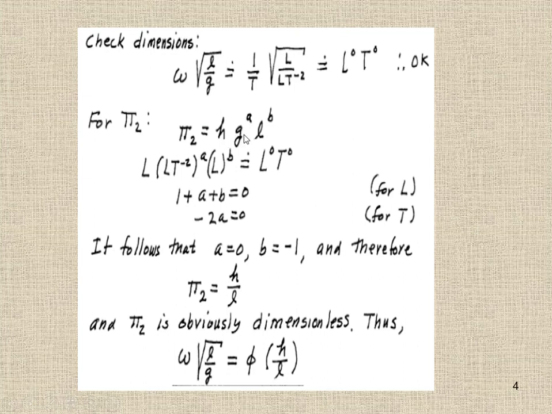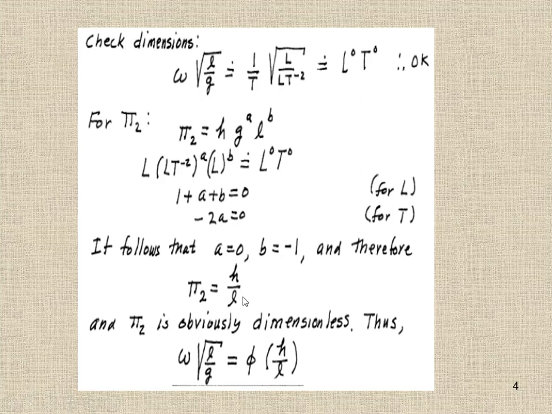Again we replace all the variables with their dimensions: height L, g as L T minus 2, and L as dimension L, and again we equate the exponent powers. Finally we get a equal to 0 and b equal to minus 1. We put these values back into the equation, and finally we get the second pi term, or dimensionless parameter, which is equal to h over L.